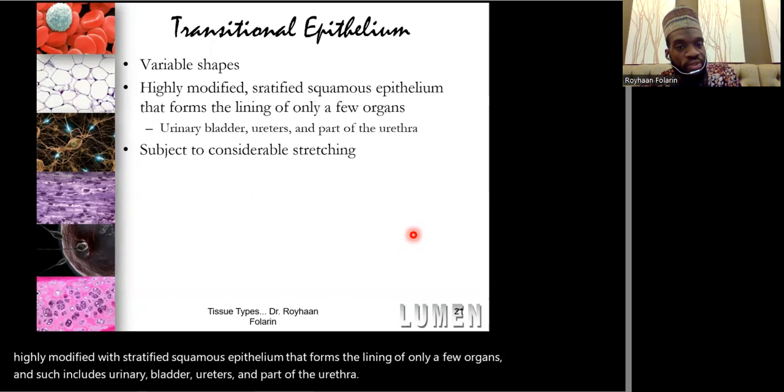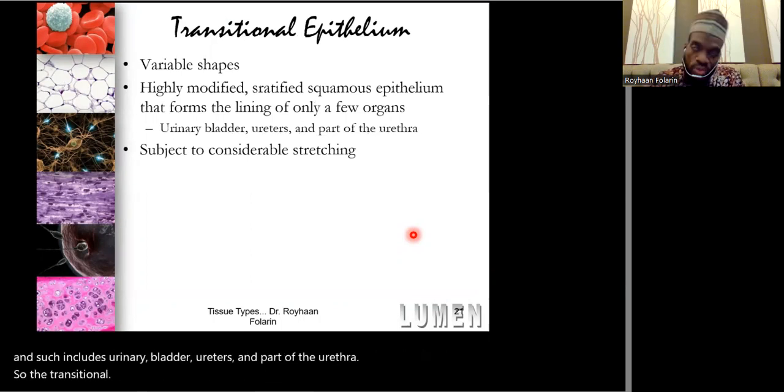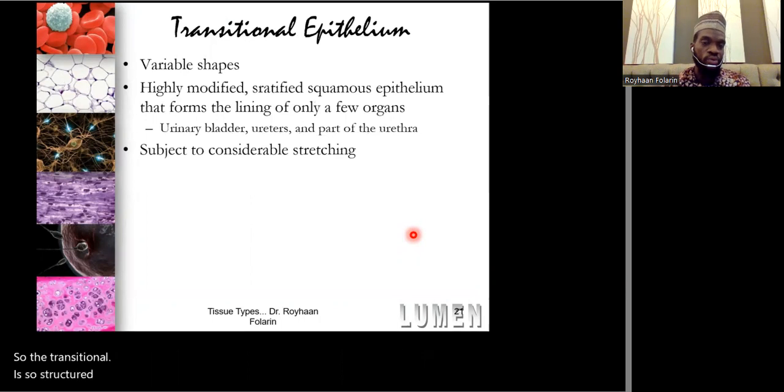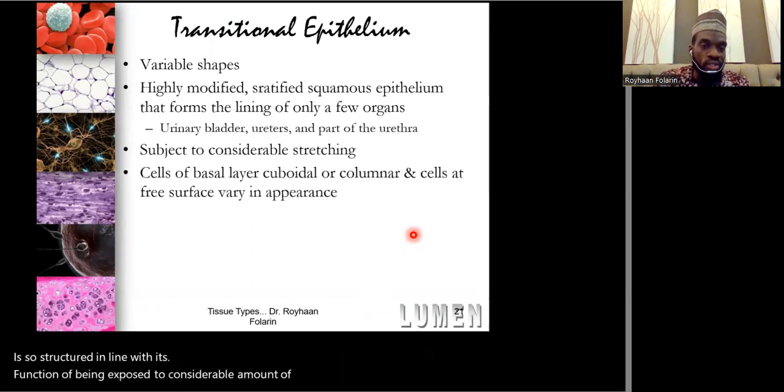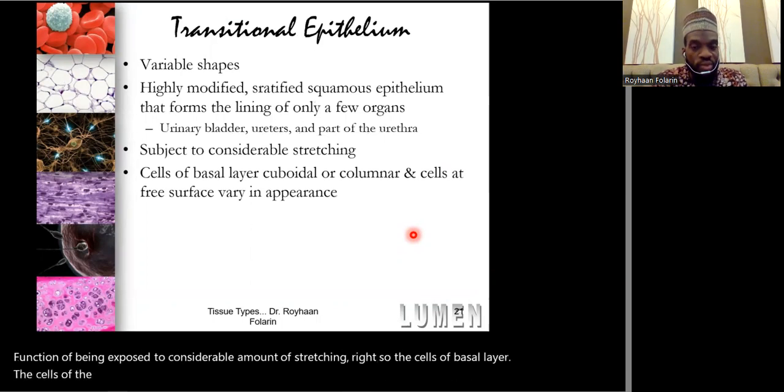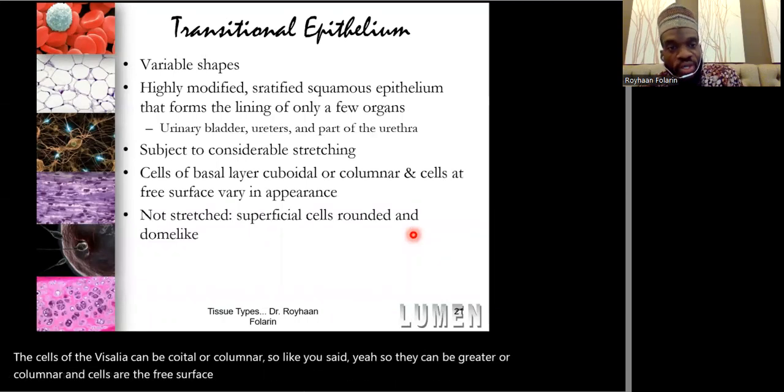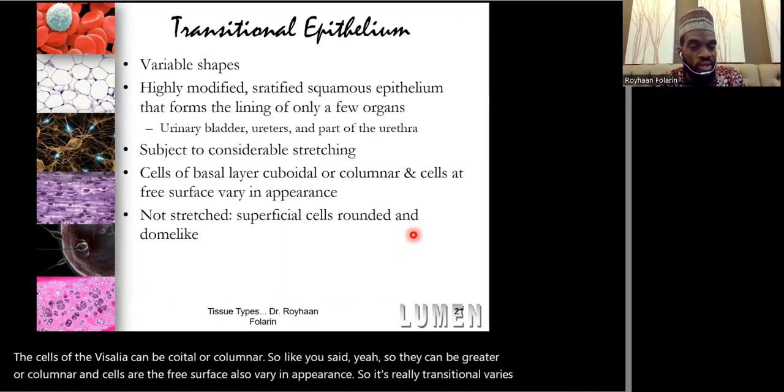The transitional epithelium is structured in line with its function of being exposed to a considerable amount of stretching, right? The cells of the basal layer can be cuboidal or columnar. And the cells at the free surface also vary in appearance. So it's really transitional, varying in its appearance and arrangement.